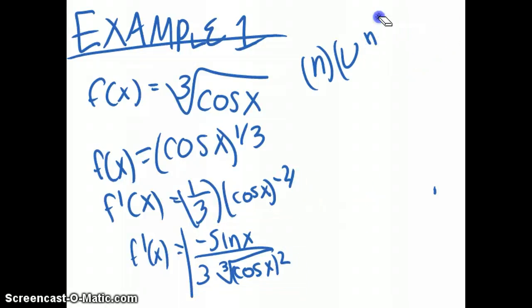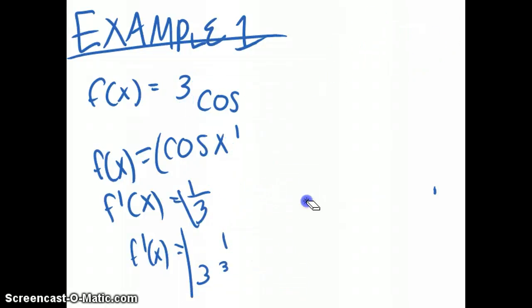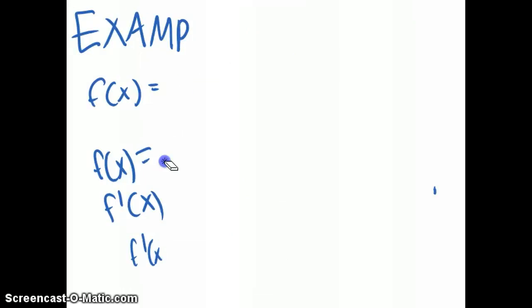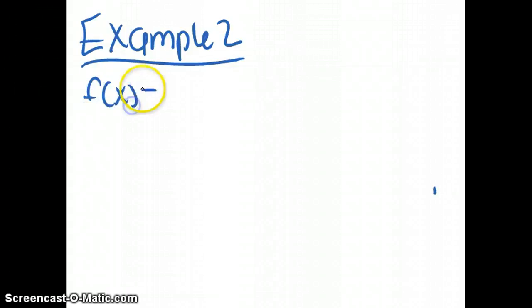Example number 2 is a little more complicated, but not really. It is, though. So this is example 2. f of x equals x to the 3rd plus 3, squared.